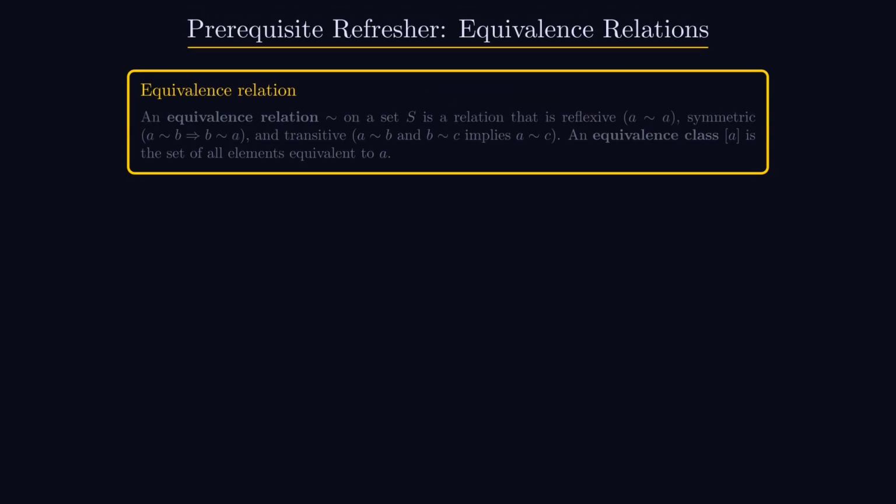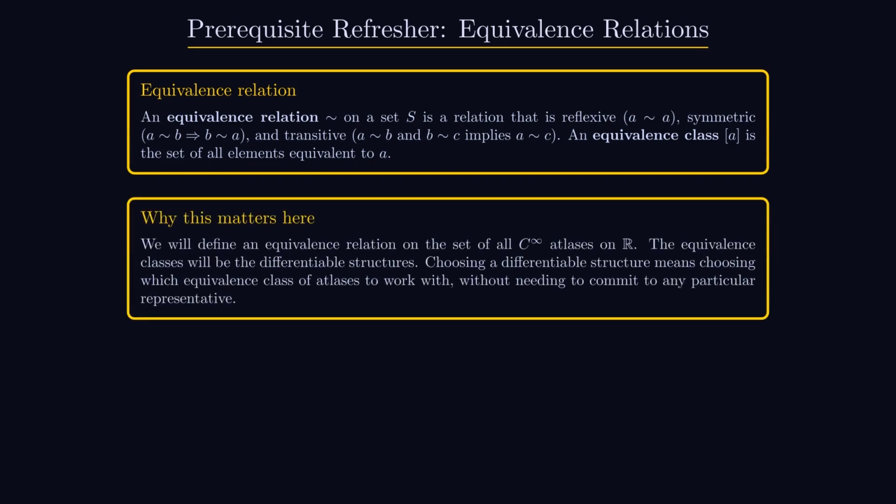An equivalence relation on a set S is a relation satisfying 3 properties. Reflexivity means every element is related to itself. Symmetry means that if A is related to B, then B is related to A. Transitivity means that if A is related to B and B is related to C, then A is related to C. The equivalence class of an element A is the set of all elements in S that are related to A. We will shortly define an equivalence relation on the set of all C-infinity atlases on R. The equivalence classes under this relation will be exactly the differentiable structures.